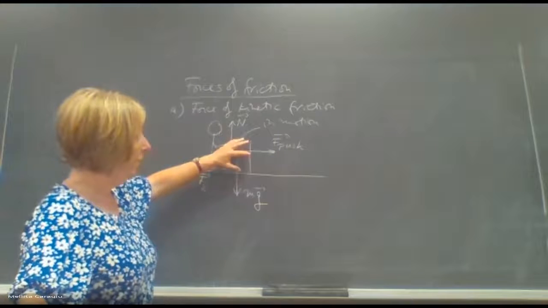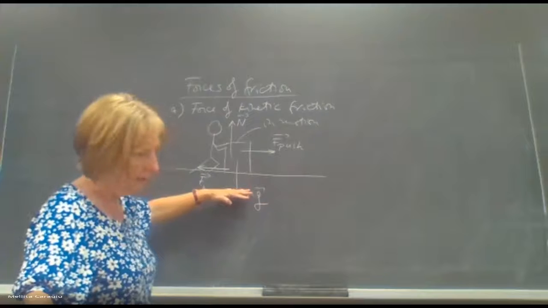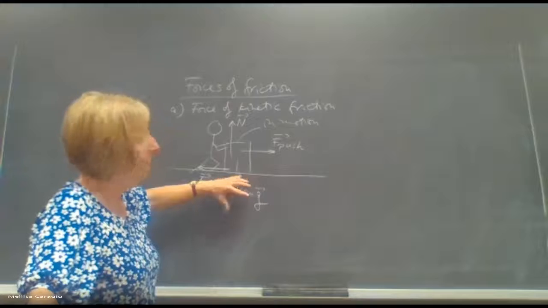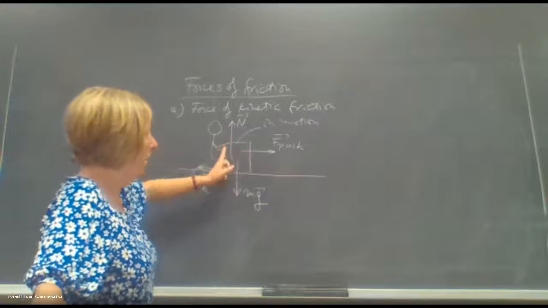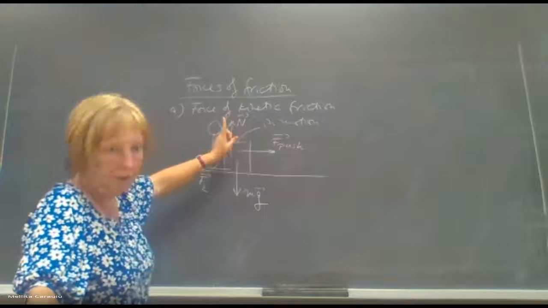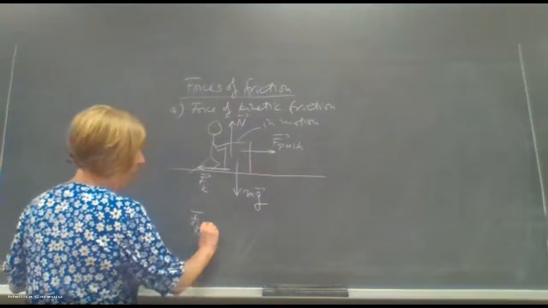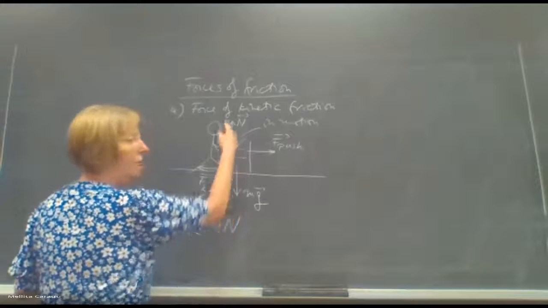But the force that the object presses on the hard surface equals in magnitude the reaction, which is the surface acting upon the object, and that reaction is the normal force. So basically, we know that the force of kinetic friction is proportional to the normal force.